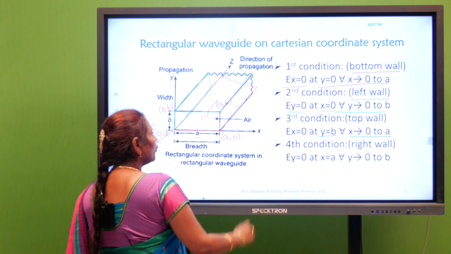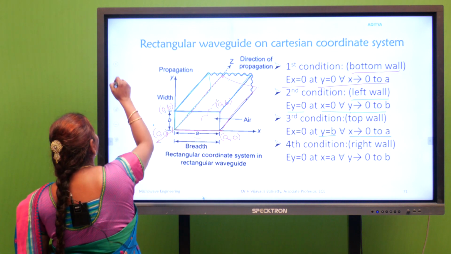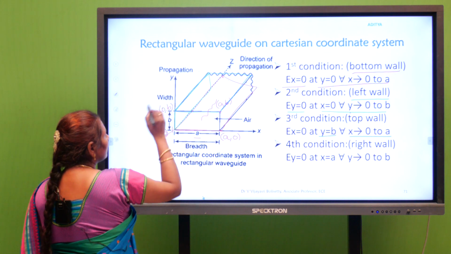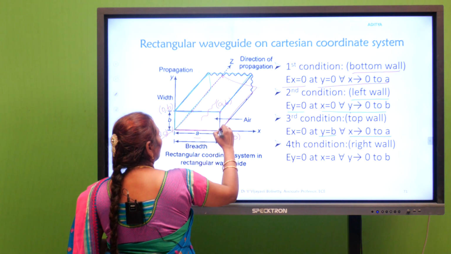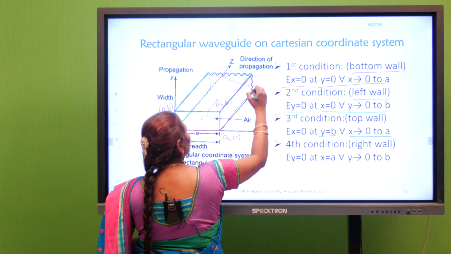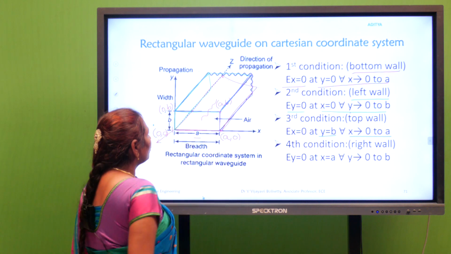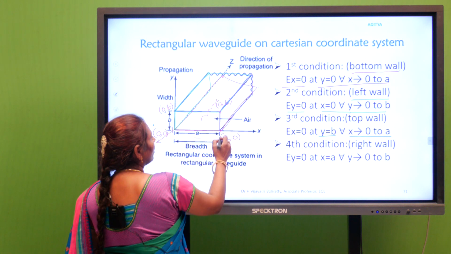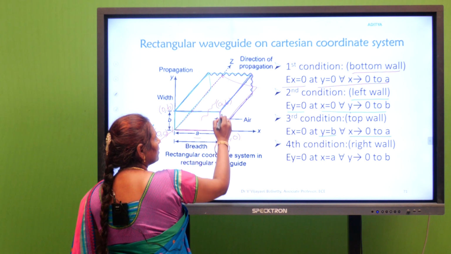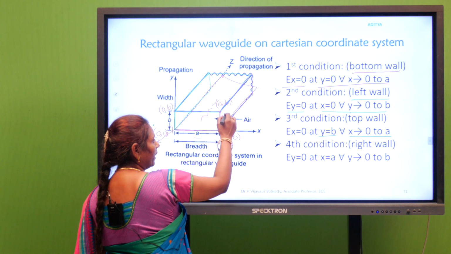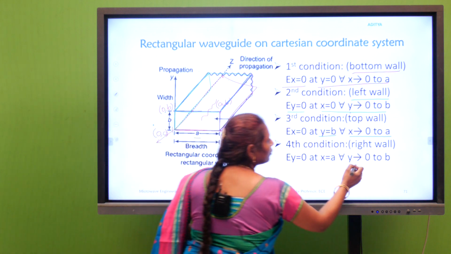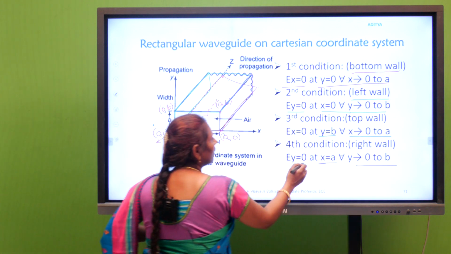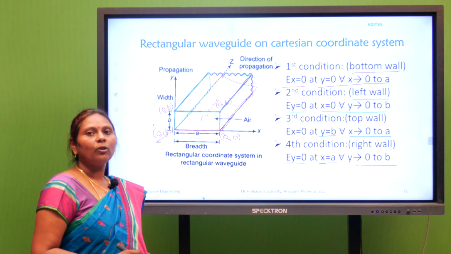Then we go for the right hand side wall, and let us use this purple color for it. On this wall x is constant at a, and y is changing continuously from 0 to b. Hence Ey is equal to 0.